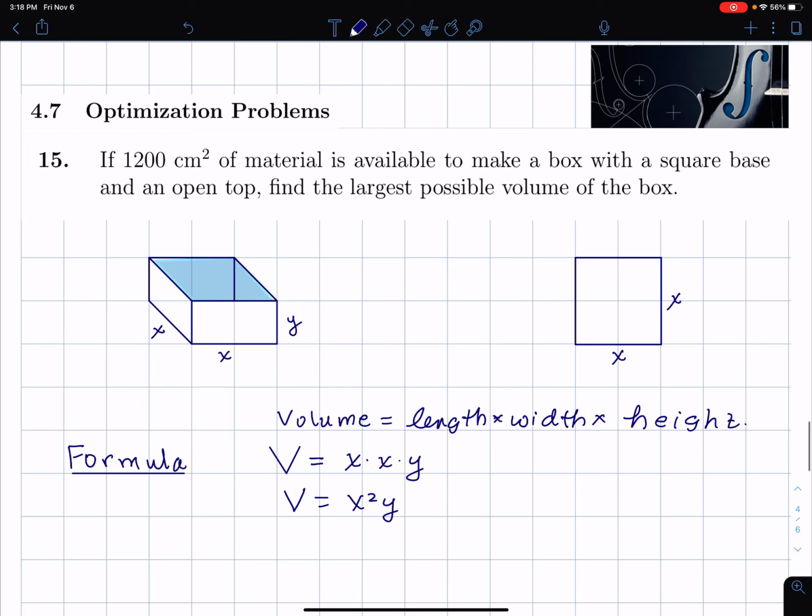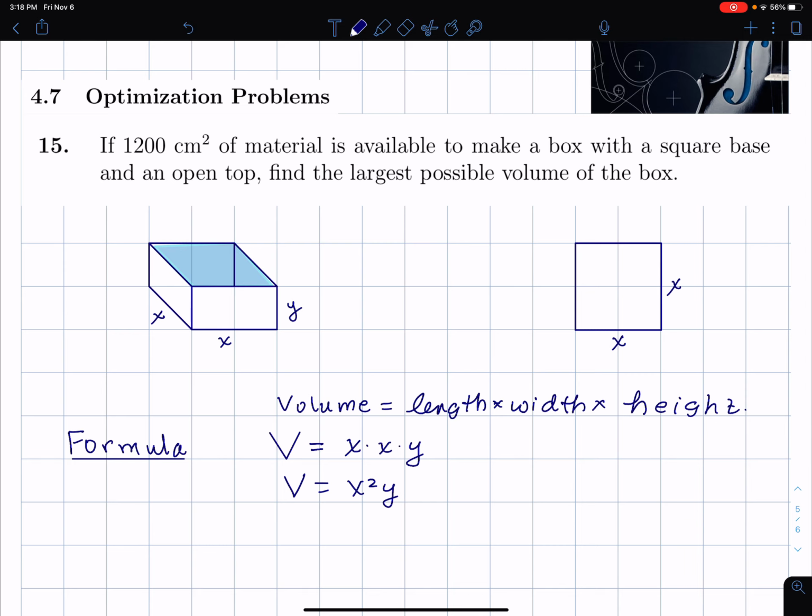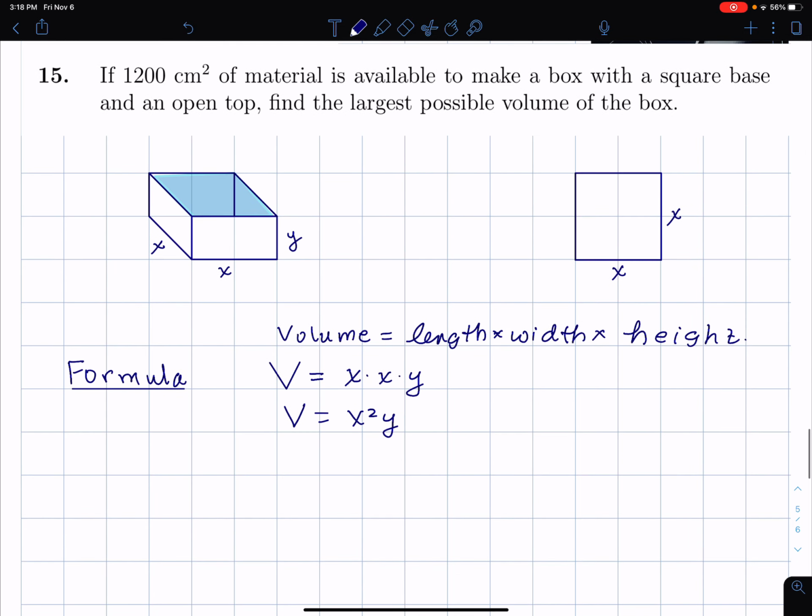All right, then a little more tricky is for us to understand what we mean by the area. What formula will we get out of that? So for the area, we want to look at the base of the box, which is a square.